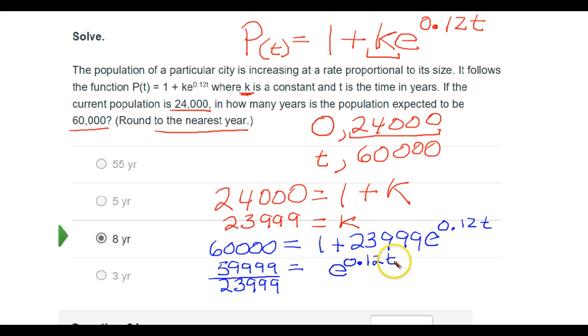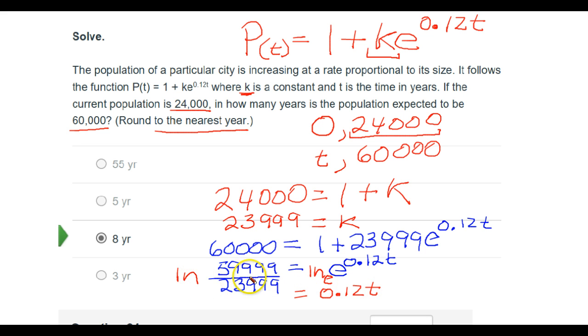We're now going to convert this to natural log of both sides. And we know that the natural log of something, the base is e, and when we get this combination, it actually just becomes this, 0.12t.